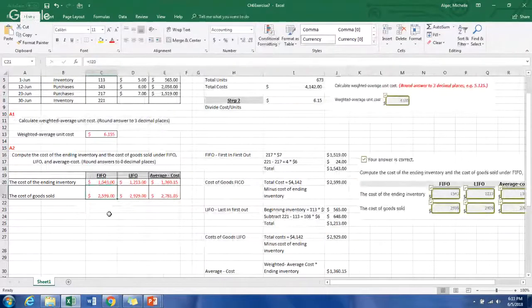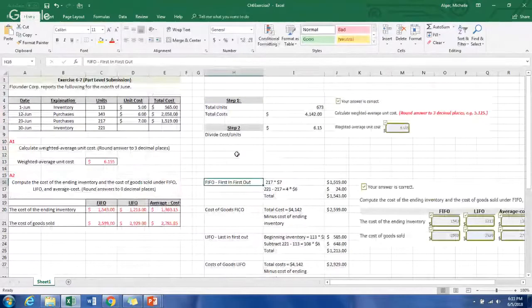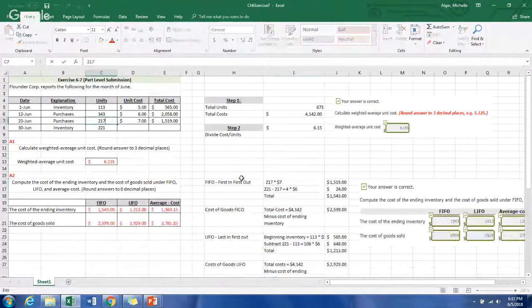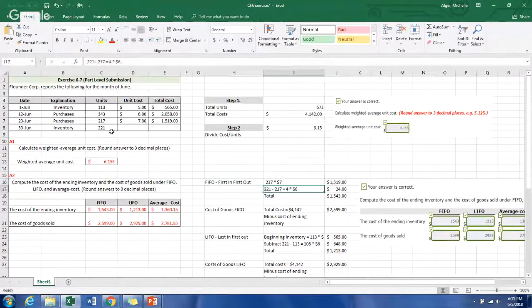So FIFO is first in, first out. Your first step would be to take your first out, which is your 217, and you times that by your $7. And then you have to take the remaining of what's left between 221 and 217 and take it out of the 343.